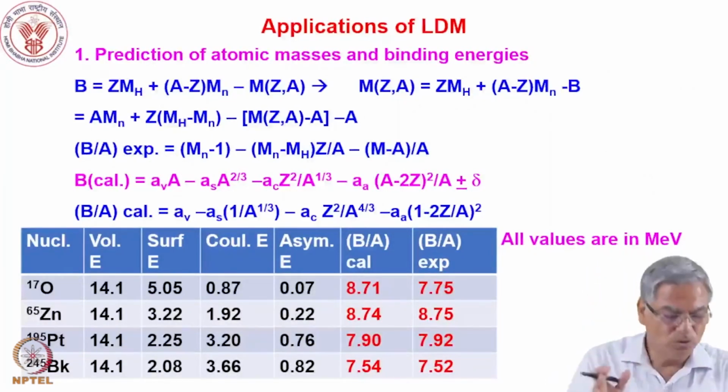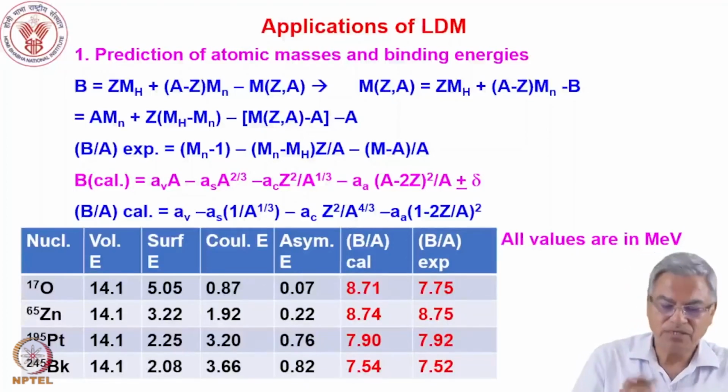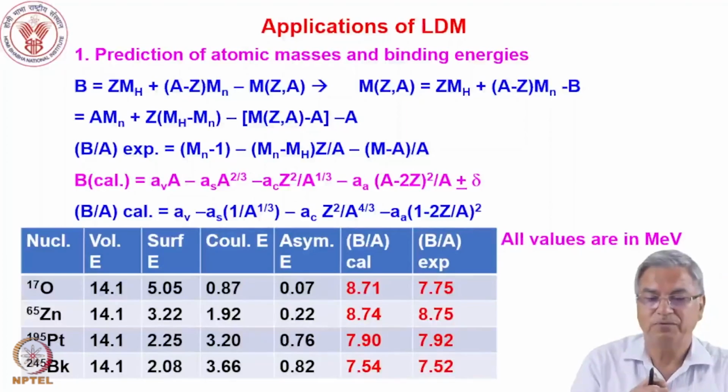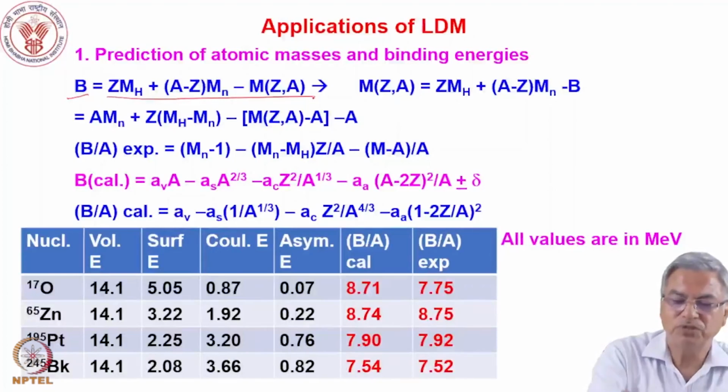So before I go into the complete applications of liquid drop in different areas, just one example of the success of the liquid drop model is in predicting the atomic masses and their binding energies. So you see here the binding energy. Now you can substitute in the mass of the nucleus.